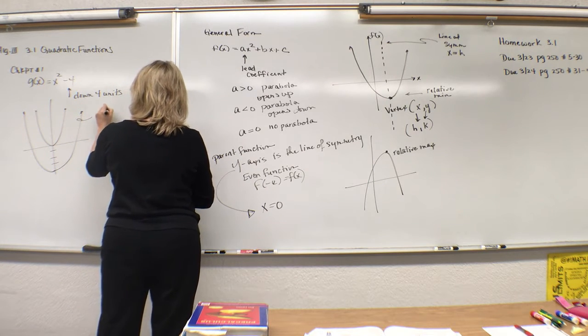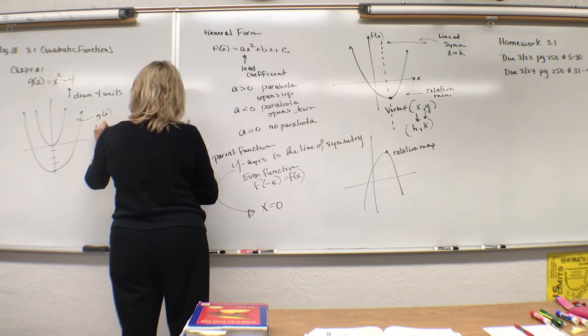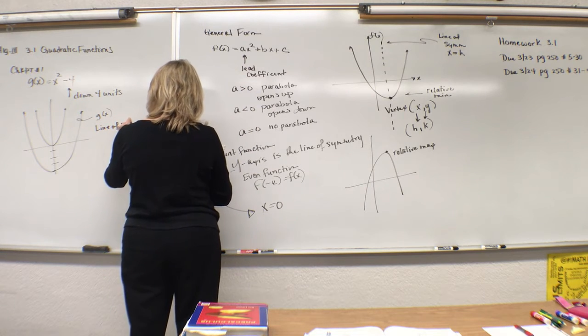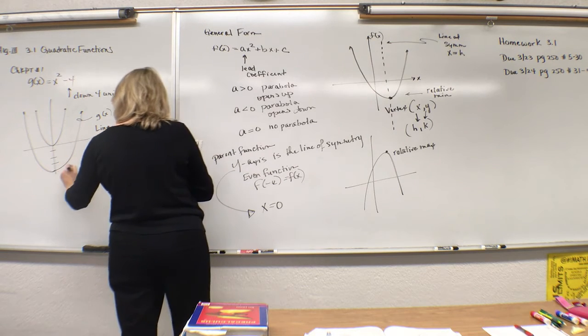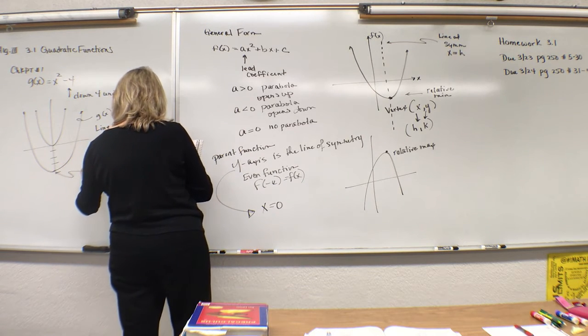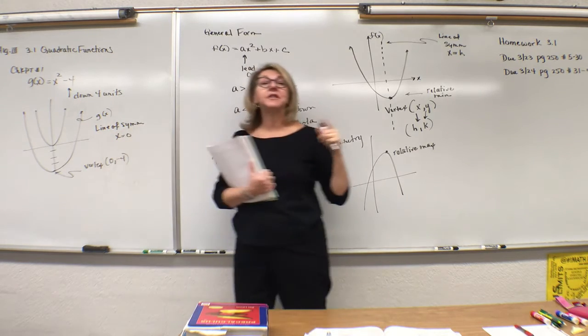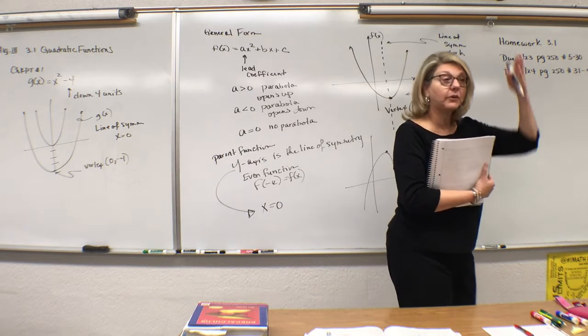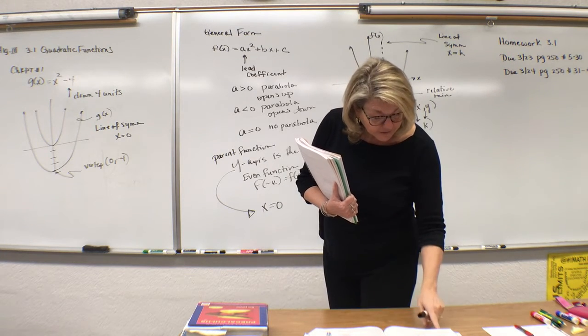So g of x equals x squared minus 4. Line of symmetry, still x equals 0 because the vertex is at (0, -4). We have not shifted left and right. We've only shifted up and down. So x squared minus 4.